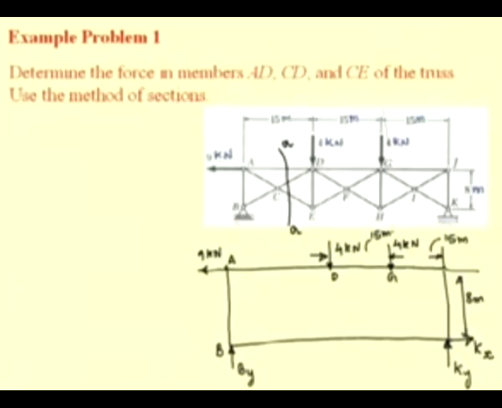Since we are going to use this section ACB to determine the forces, we are interested in determining this reaction By. From this free body diagram we can see that if we take a moment about this point K, then only By is the unknown force and it can be determined.